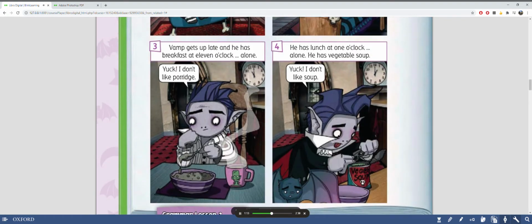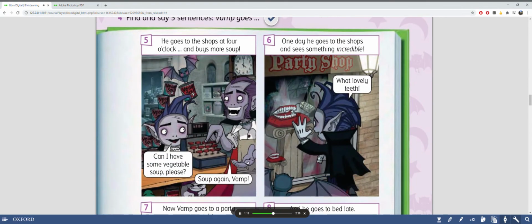I don't like soup. He goes to the shops at 4 o'clock and buys more soup. Can I have some vegetable soup, please? Soup again, Vamp? One day, he goes to the shops and sees something incredible.